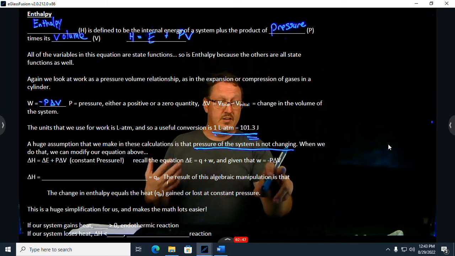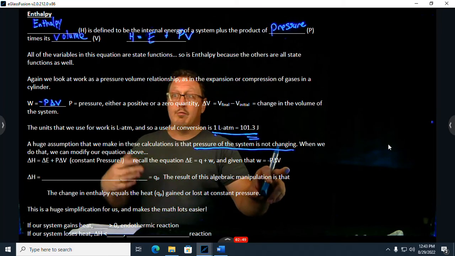Recall that our equation for delta E is Q plus W, and given that W is negative P delta V, we can rewrite all of this.